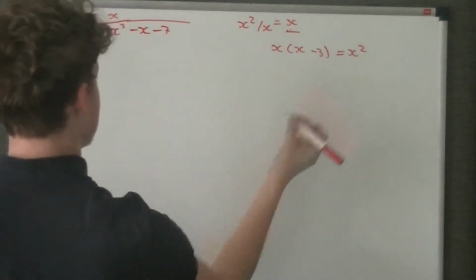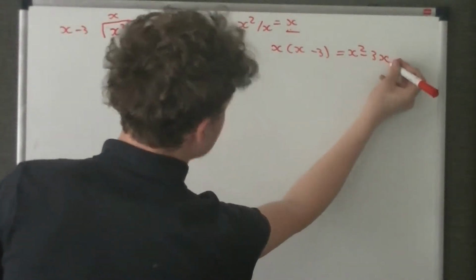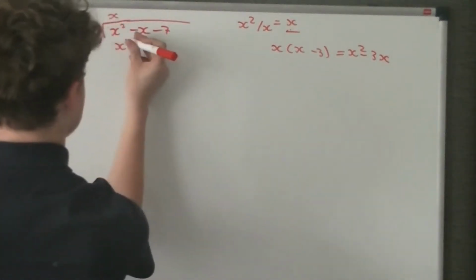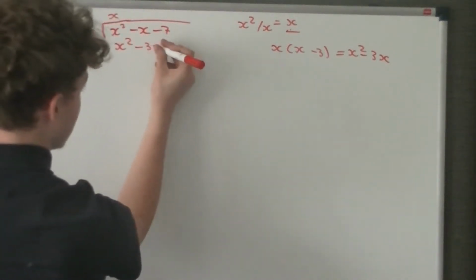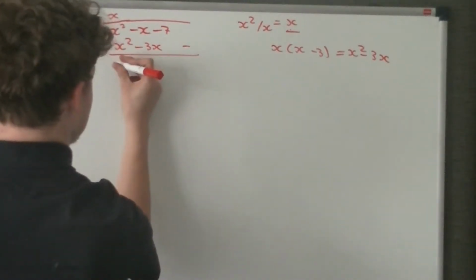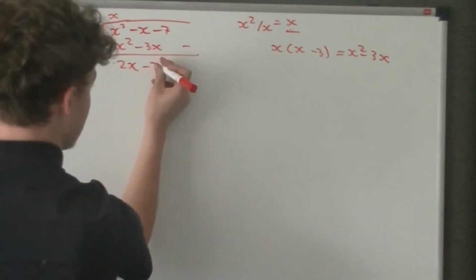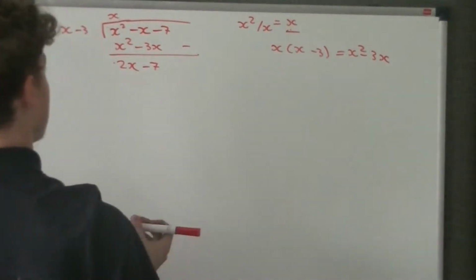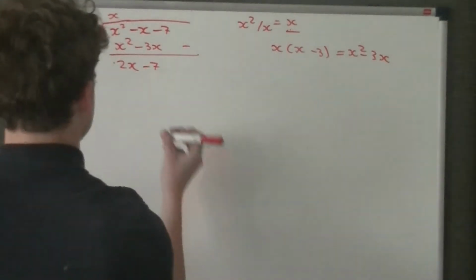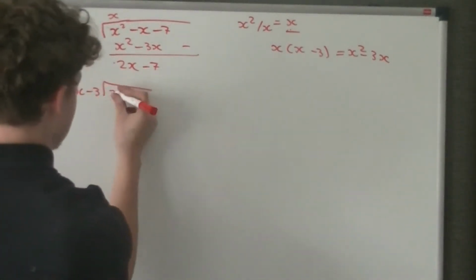We put x squared take 3x underneath x squared take x, and take them away. If you're taking away 3x, you're adding it on, so that gets us 2x take 7. Then we divide again, x take 3 into 2x take 7.